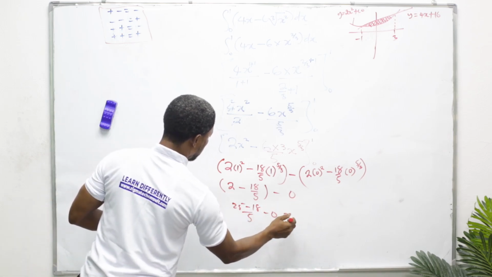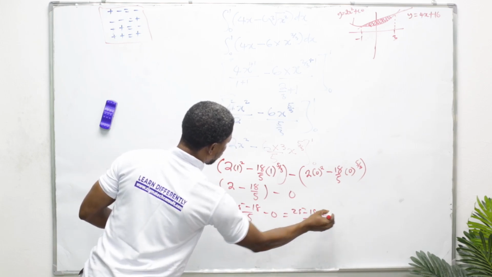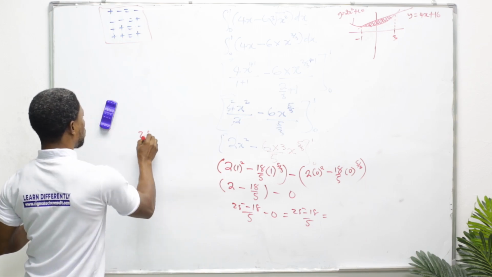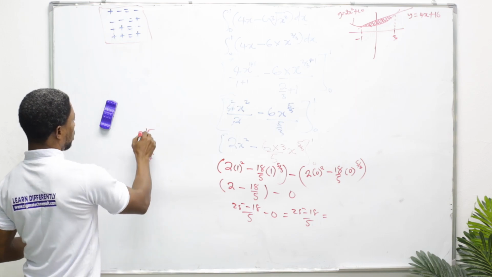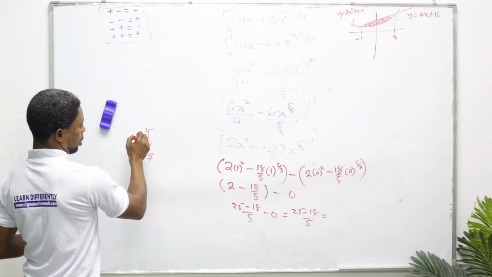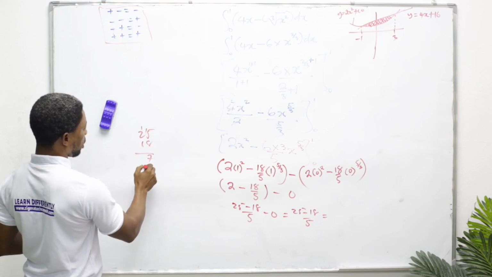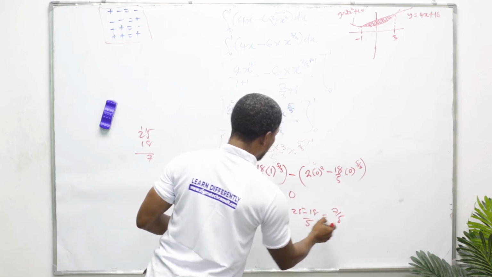Minus 0, so you still have 25 minus 18 divided by 5. So what will you have now? 25 minus 18 is 7. So you are going to have 7 over 5.